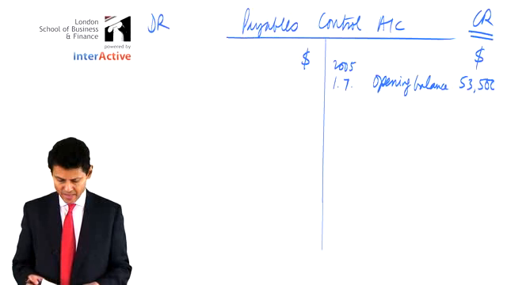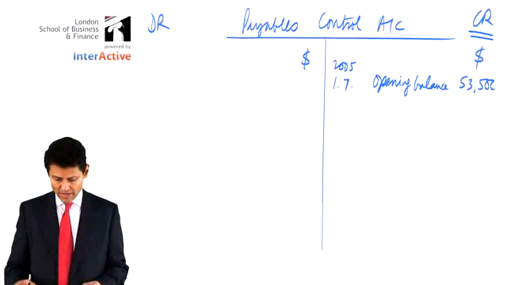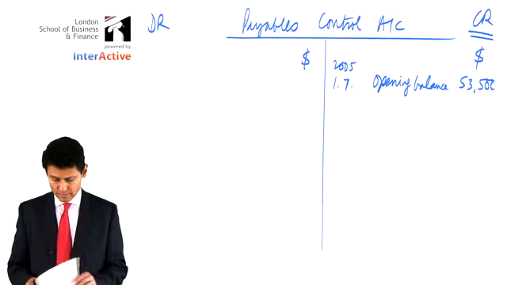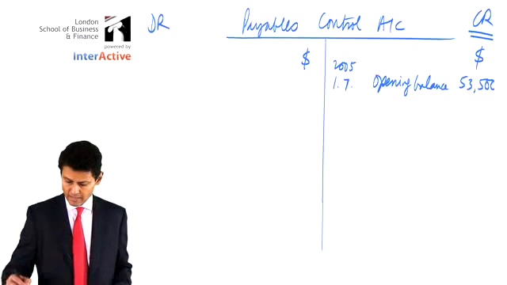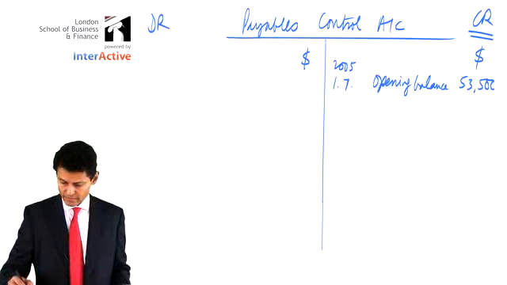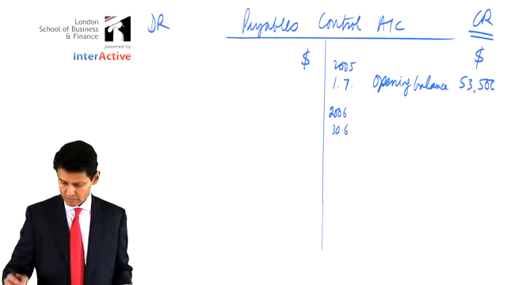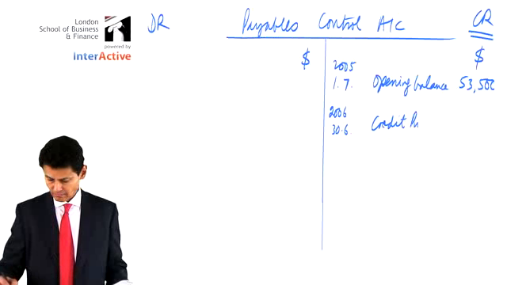So I'm going to keep away from anything that's RCA, concentrating on PCA. Credit purchases, that goes to the payables control, 300. I'll say as at the end of the year, which happens to be the 30th of June, 2006.